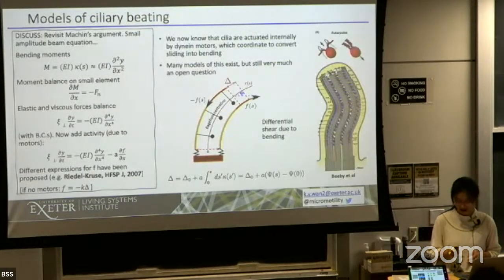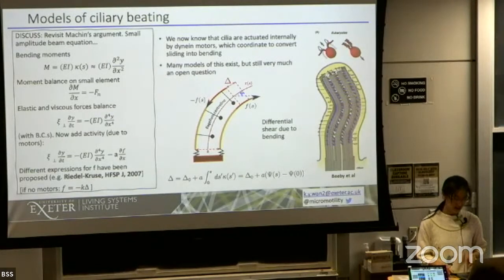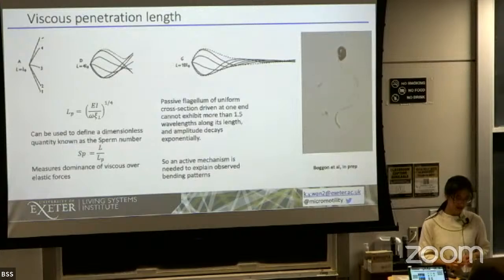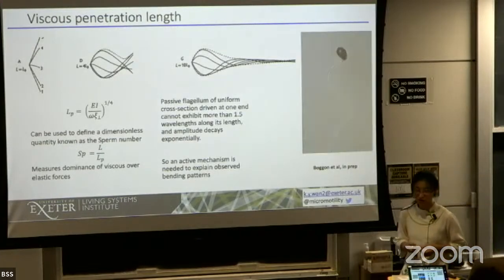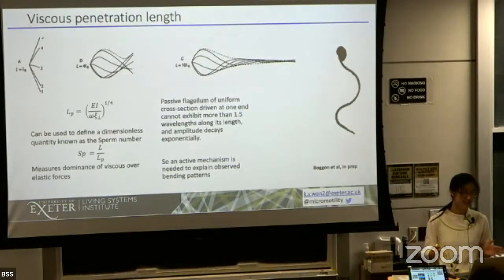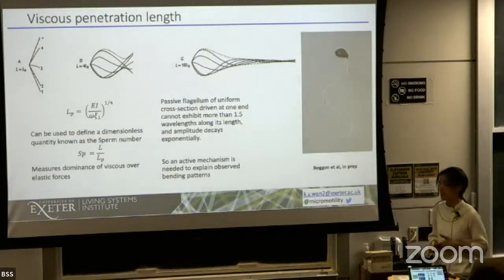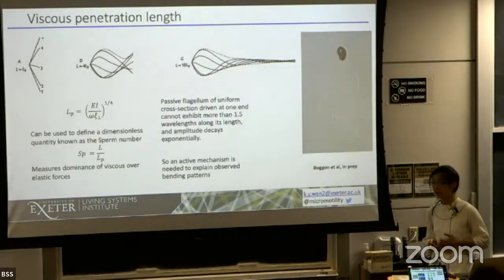So nobody at that point knew about all these structures, and so this was a really important finding: if you were just to wiggle a passive filament of the correct length and material properties, this is never going to get you propulsion or the dynamics that are observed in real organisms.